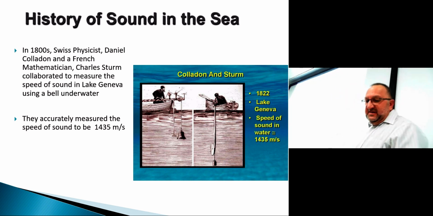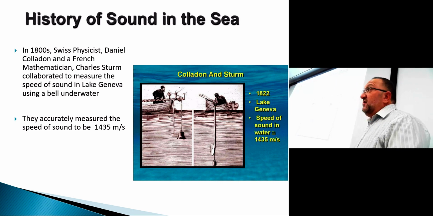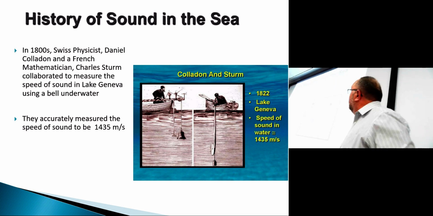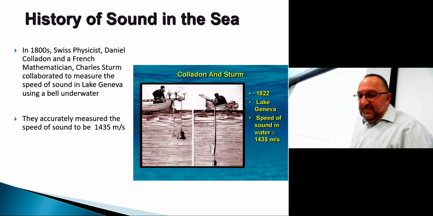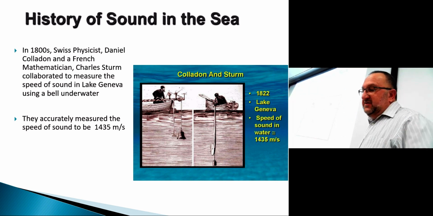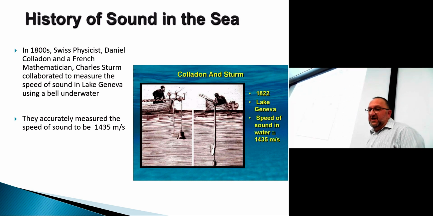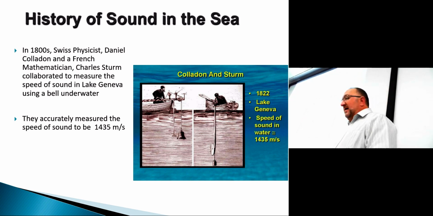The next major step in the development of underwater acoustics was made by Daniel Colladon, a Swiss physicist, and Charles Sturm, a French mathematician. So mathematics comes into acoustics quite a lot, as you can see. In 1826, on Lake Geneva, they measured the elapsed time between a flash of light, obviously on the surface, and the sound of a submerged ship's bell, using an underwater listening horn, and that was over about 17 kilometres.